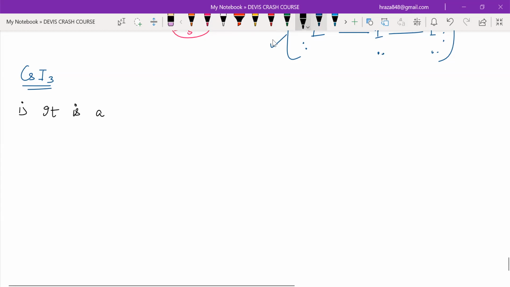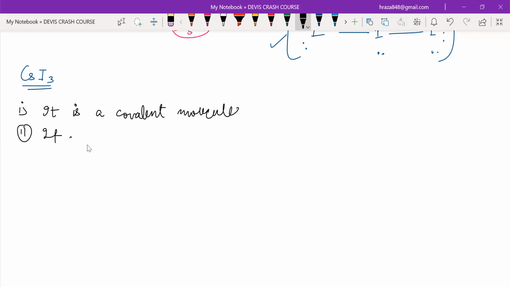You need to choose the correct statement, right? First one: it is a covalent molecule. Second: it contains Cs plus and I3 minus ions.